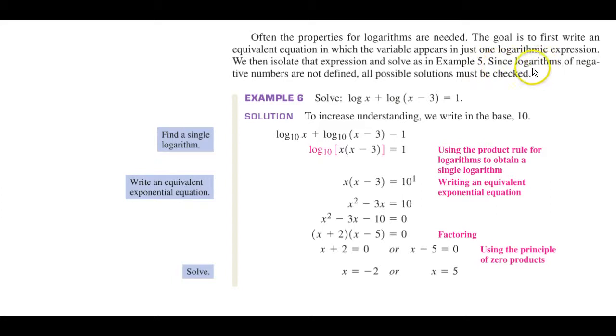Since logarithms of negative numbers are not defined, all possible solutions must be checked. So what they're saying here is that if you end up with a negative somewhere, like you do down here, depending upon what you get, it may or may not be a solution. So let's do this one here.